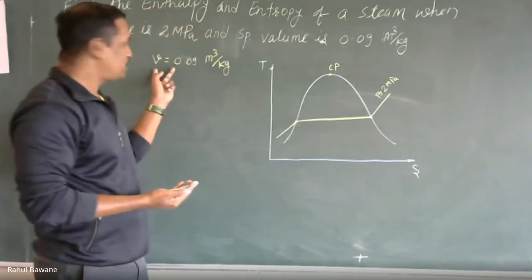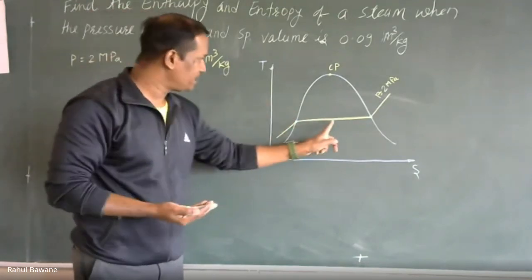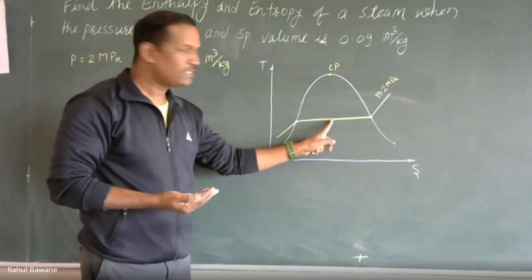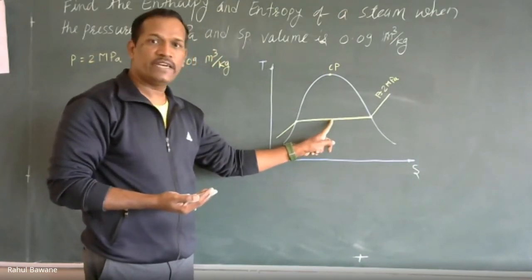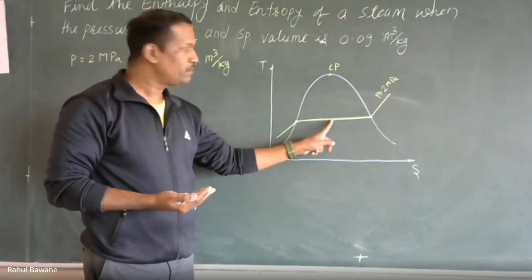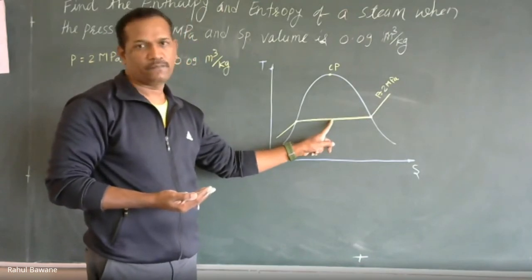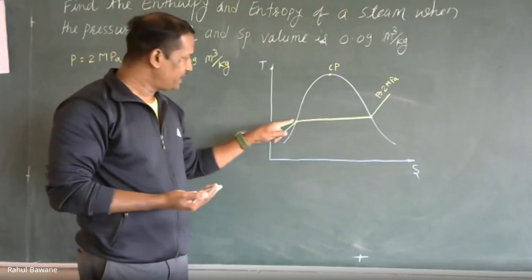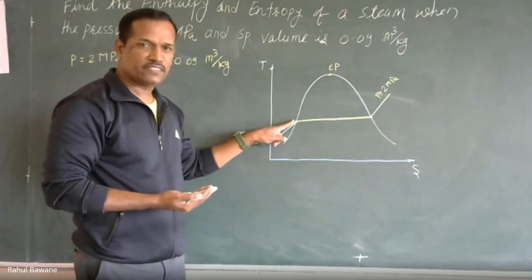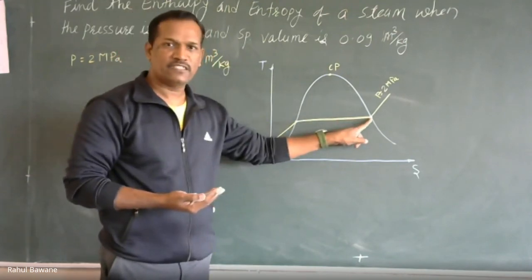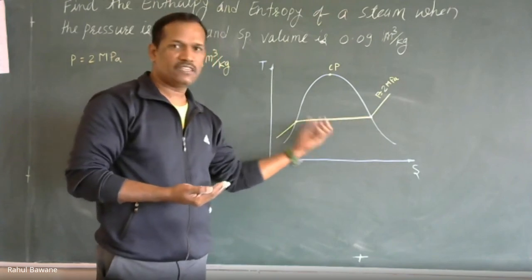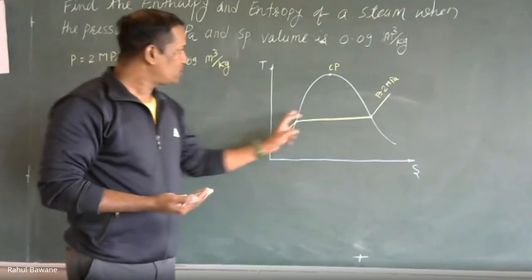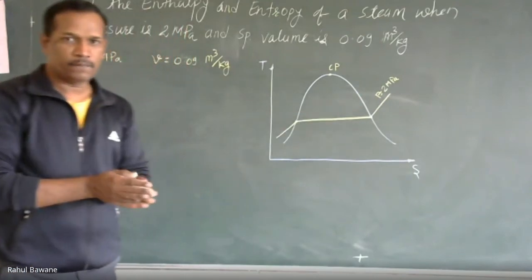If this specific volume 0.09 comes here, that means the steam is wet steam. If it is wet steam, it has some particular dryness fraction. If it is here, the dryness fraction is 0. Here the dryness fraction is 1, but in between there will be some dryness fraction value. So this is the constant pressure line.